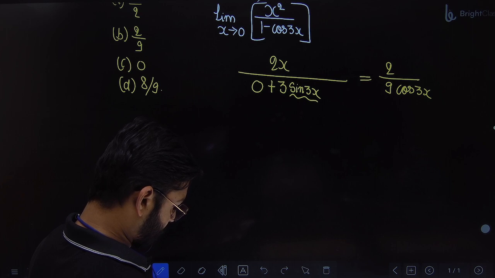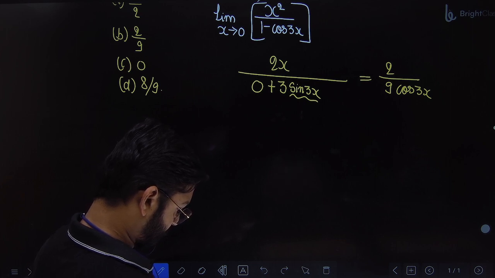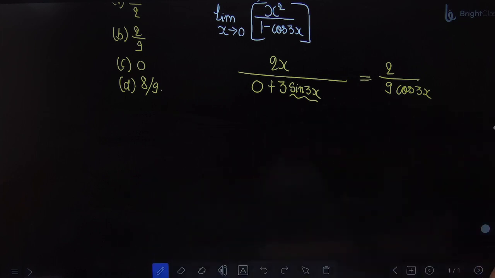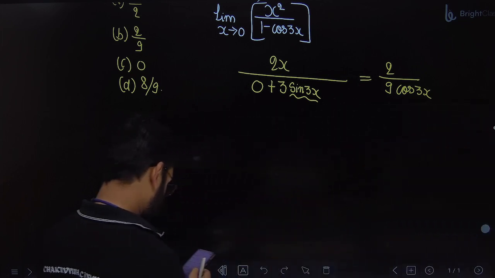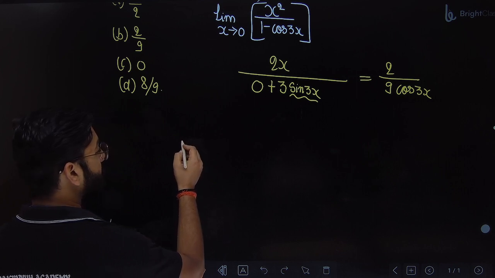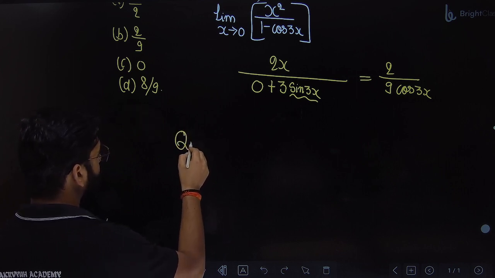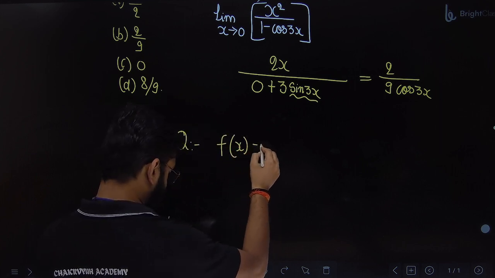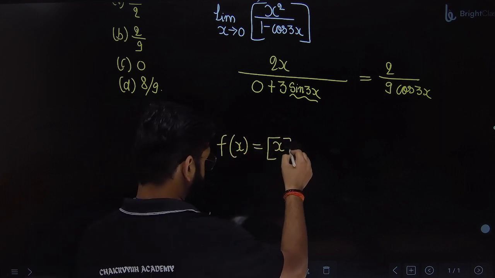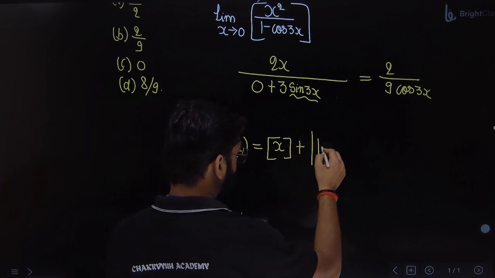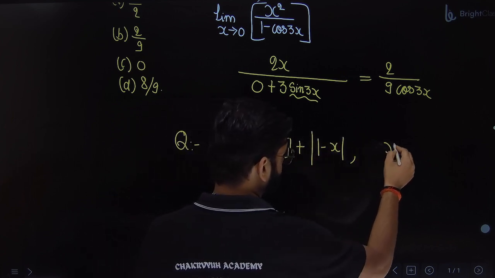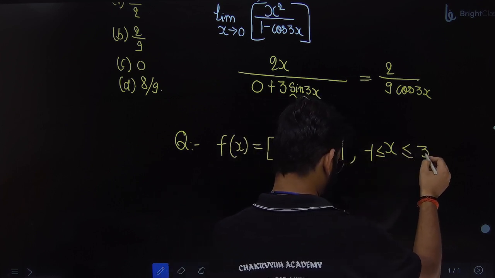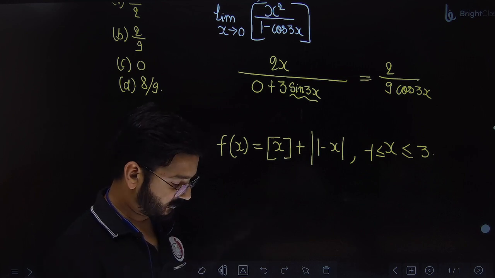So let's do the next one. F of x is equal to greatest integer of x plus mod of 1 minus x, where x is between -1 to 3.